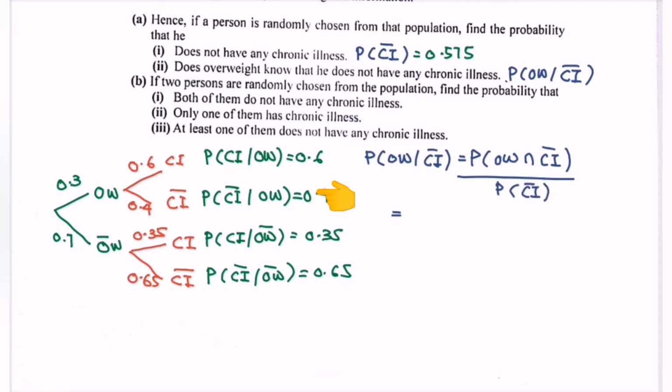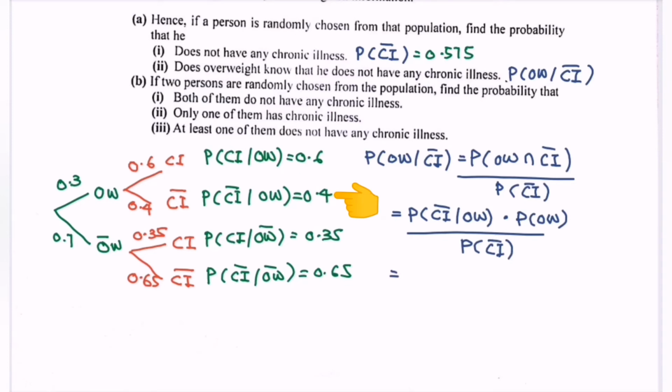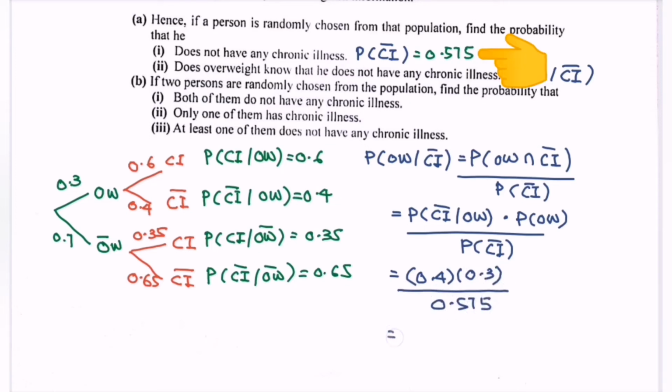To get overweight intersect with non-chronic illness, the formula is the probability of non-chronic illness given overweight, multiplied with the probability of overweight. Referring to the tree diagram, here we have 0.4 multiplied with 0.3 over 0.575. So finally, we have the answer 0.2087, or in three significant figures, 0.209.